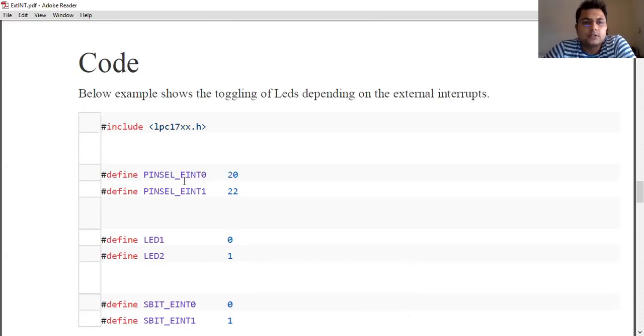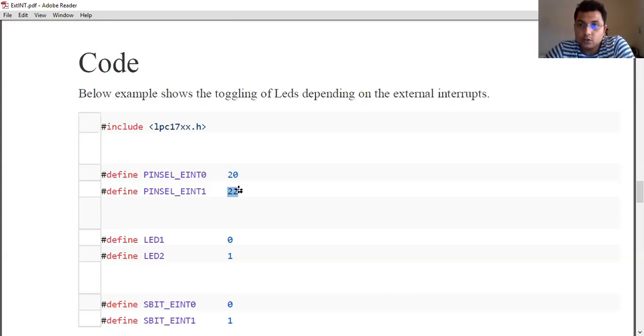Why this 20? These are some defined macros. 20 and 22, because we are using pin number 2.10 and pin number 2.11. Corresponding to pin 2.10 is external interrupt 0, and corresponding to pin 2.11 is interrupt 1. So interrupt 0 and interrupt 1 we are using.